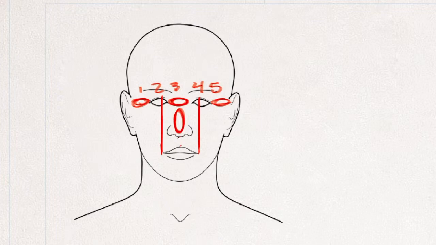From your nose to your upper lip is generally about half an eye length. Then for the width of your chin, from the corners of your nose go down at a 45-degree angle on either side, and that's basically the width of your chin. That's your basic breakdown.